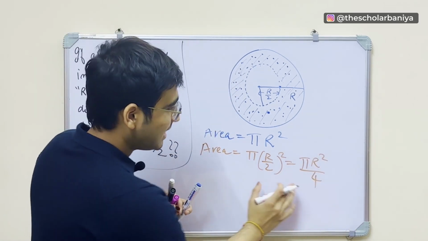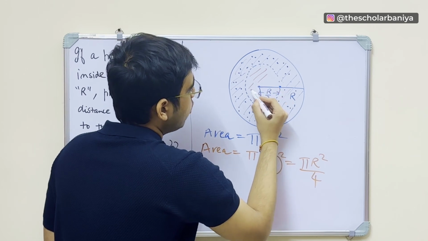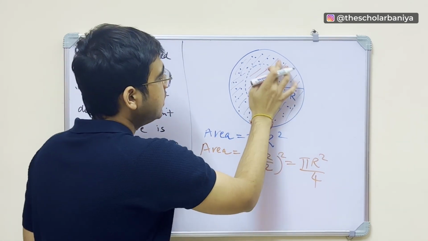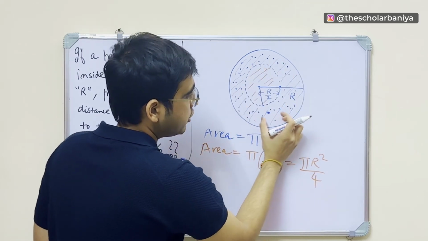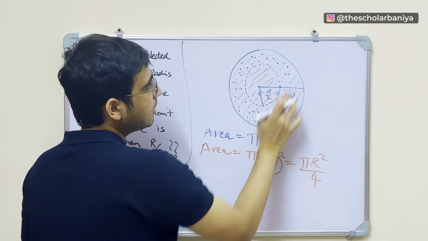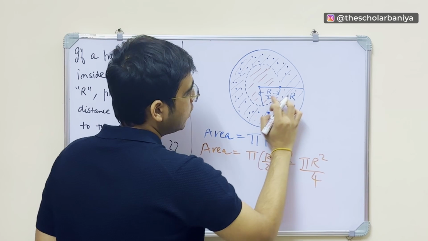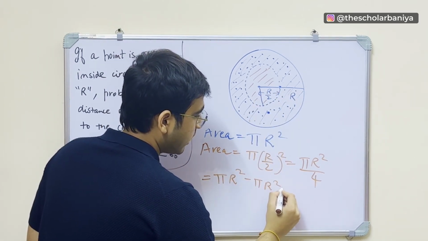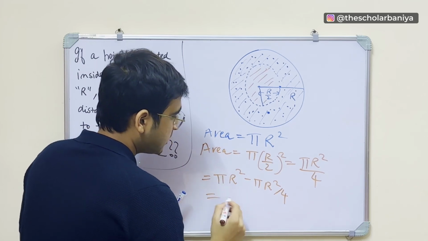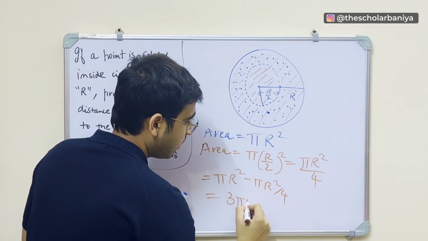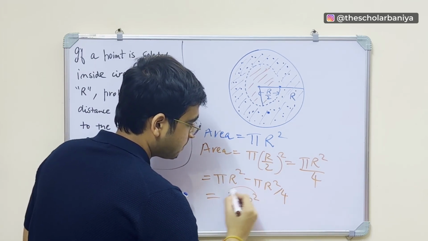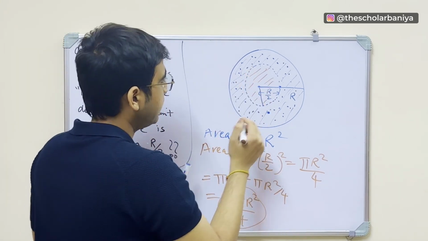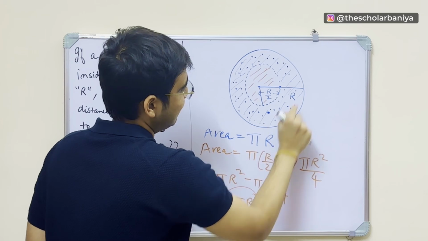But we want to calculate the area of this middle ring, which is this shaded part. The entire area minus the smaller area, which is pi r square minus pi r square by 4, which comes out to be 3 pi r square by 4. So this is the area of this shaded region, this ring.